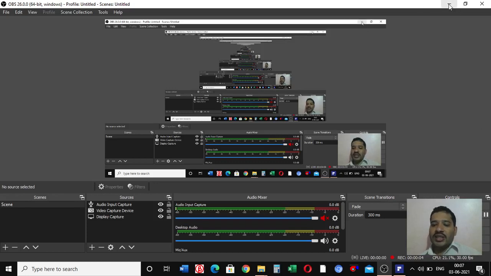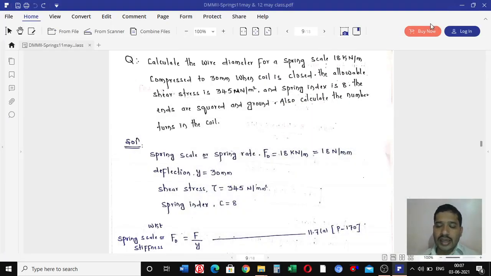So today in the session we are going to learn the sixth problem on the spring. First of all, I will read the question. Calculate the wire diameter for a spring scale. The spring scale is given here as 18 kilo Newton per meter.